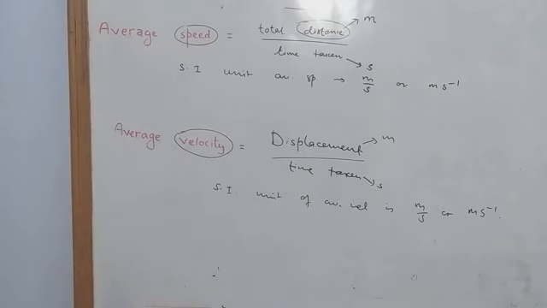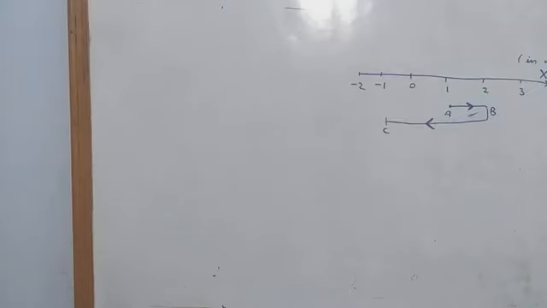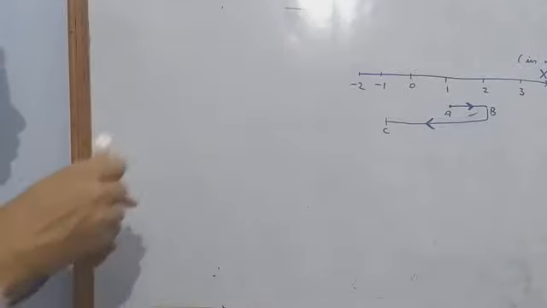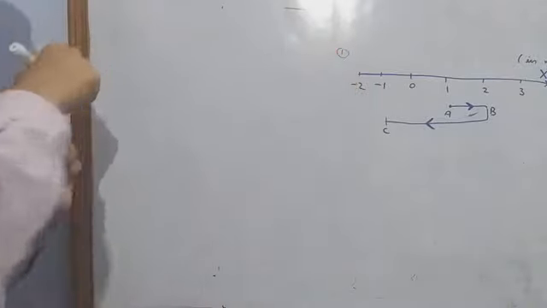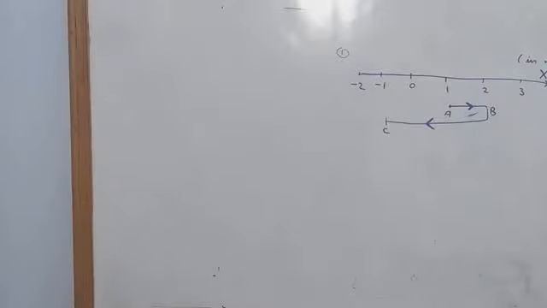Having understood this definition for average speed and average velocity, let us try to see one example to understand it better. Now see, this is a question, the first question that we will discuss. Here you see a number line. You can assume it to be a straight road.